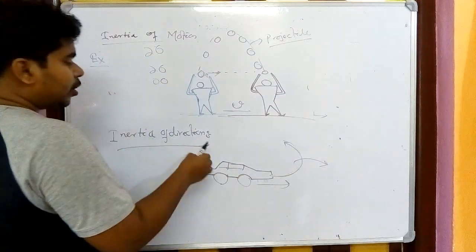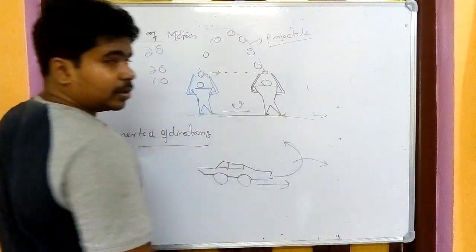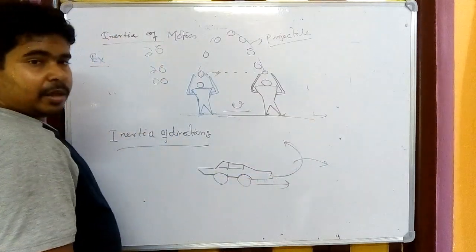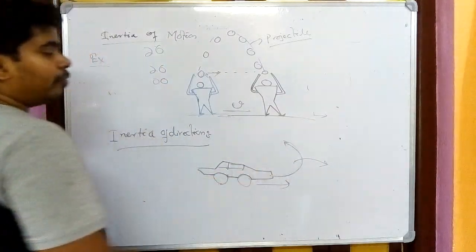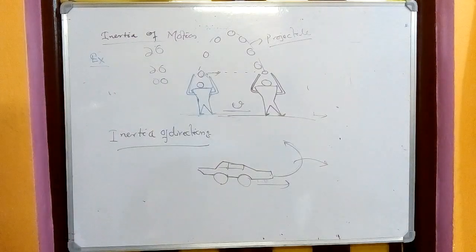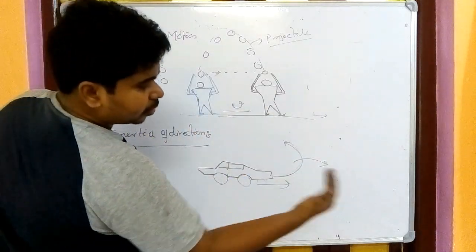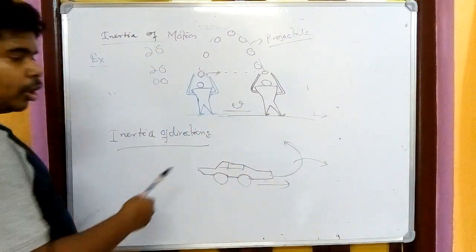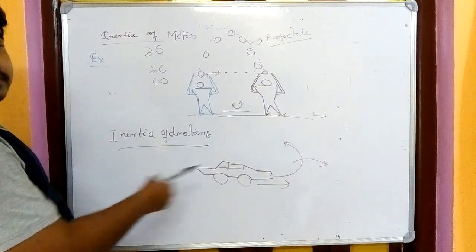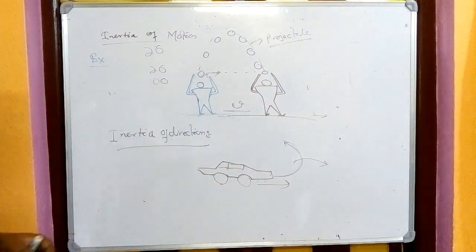Due to the inertia of direction, we move that way. That is known as inertia of direction, but you can take it as the inertia of motion. It happens when we take a sharp turn. We move in the direction in which we were going. This is inertia of direction.